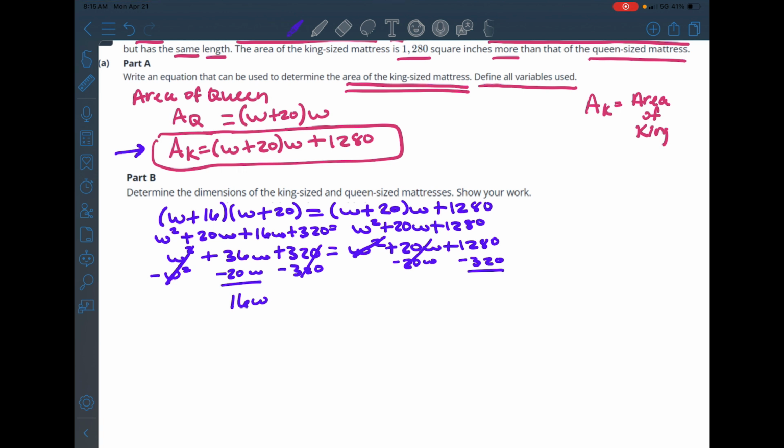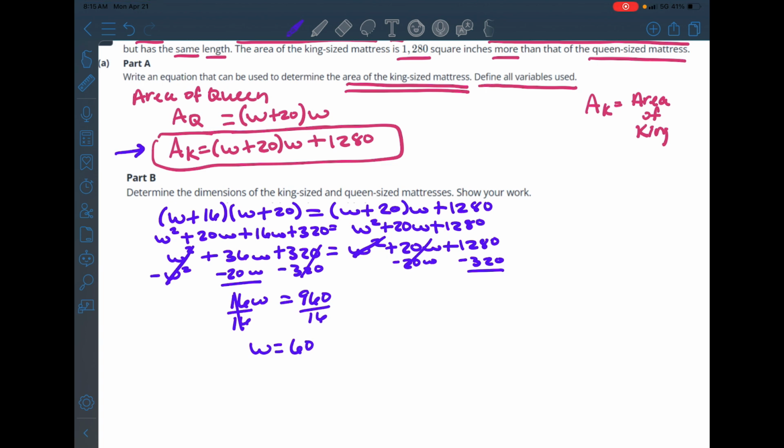And I get, let's see, 1280 minus 320. I get 960. I'm solving for W, so I'm going to divide by 16. And that gives me 60.